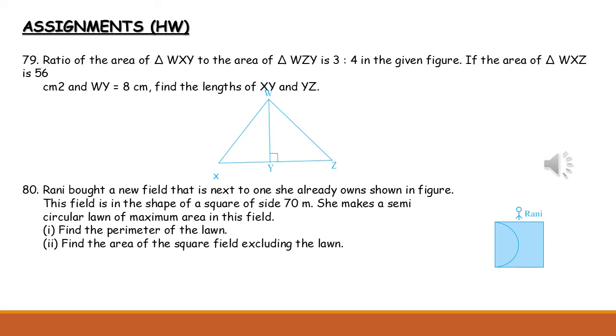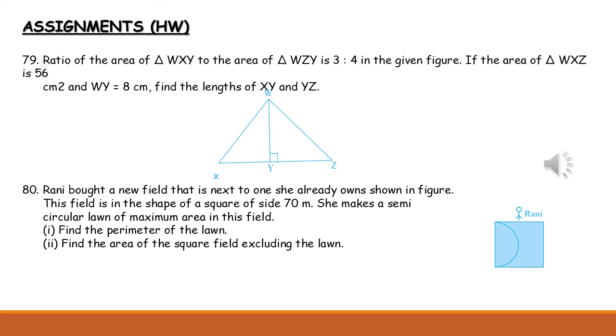As it is enclosing maximum area possible, the side of the square will be equal to the diameter of the semicircle. So if the diameter of the semicircle is 70 meter, half of it will be its radius, that means radius is 35 meter. So what we have to find out?